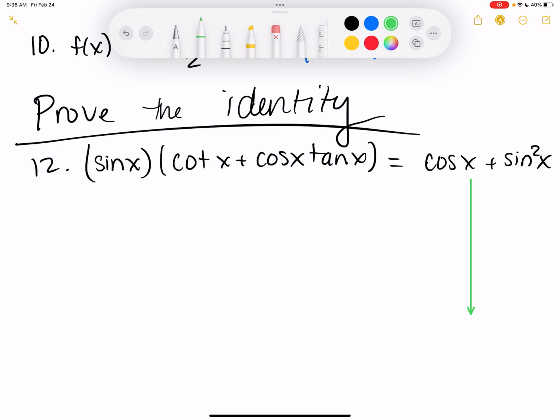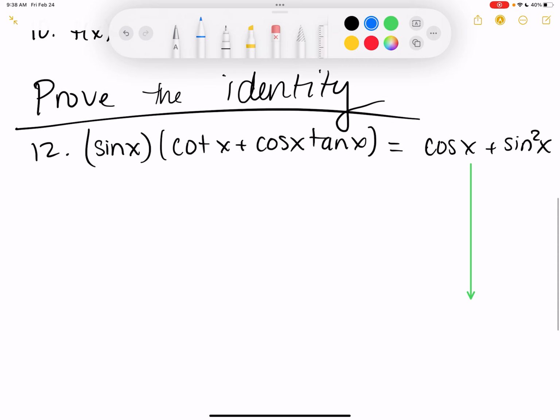Any suggestions? I'm just writing it first. Okay, we can change tangent to sine over cosine, because then the cosines cancel out.